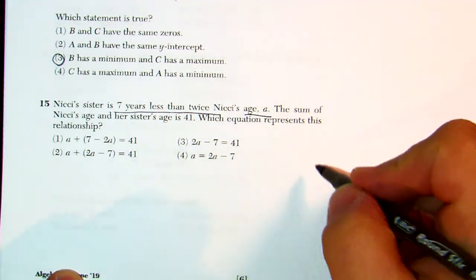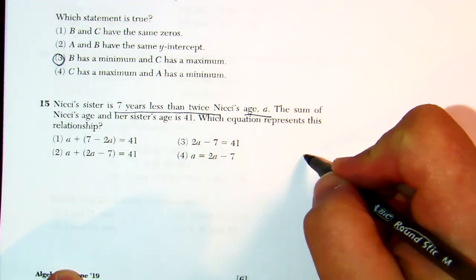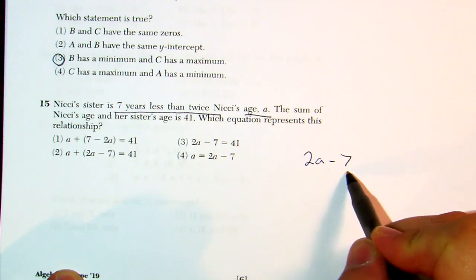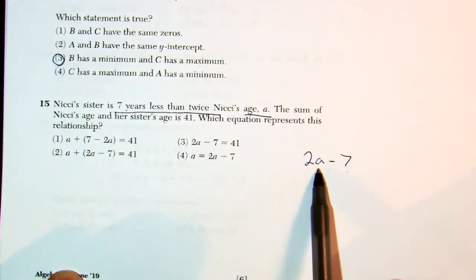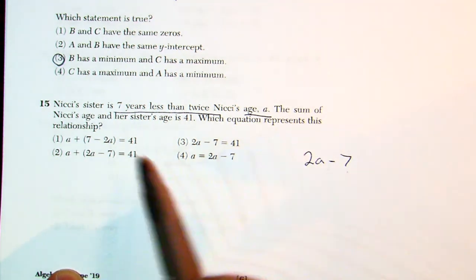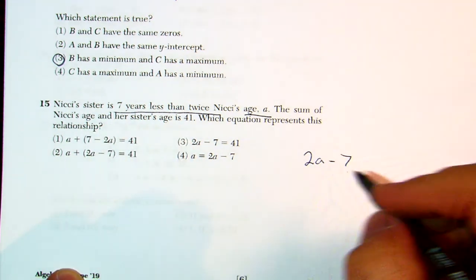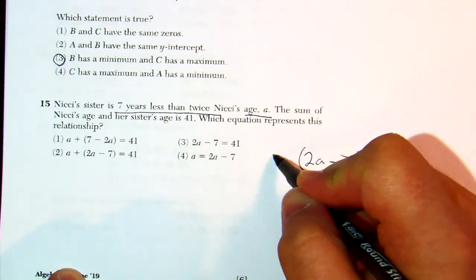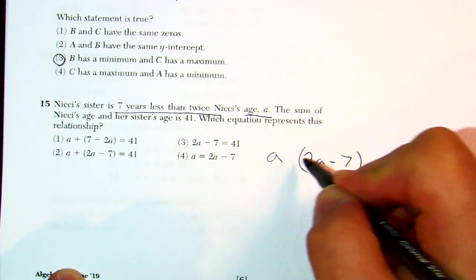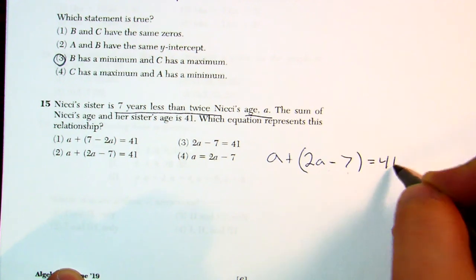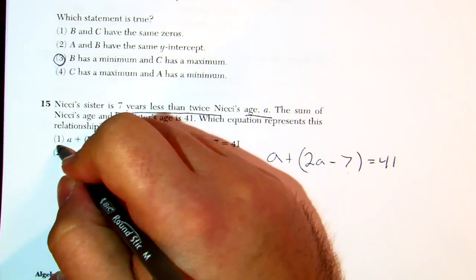That's going to be 2a minus 7, right? 7 less than twice the age. And it says the sum of Nikki's age and her sister's age is 41. So I want to add them together. So it's Nikki, which is a, plus her sister equals 41. So that is going to be choice 2.